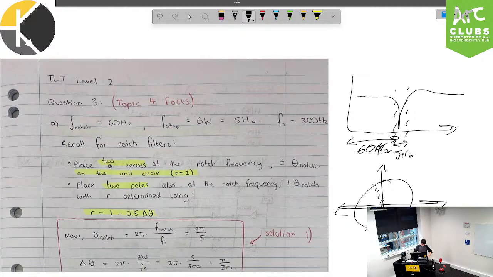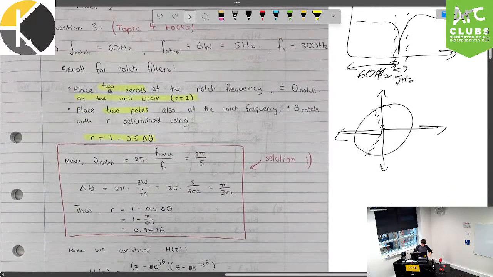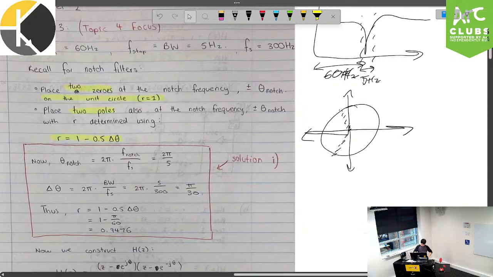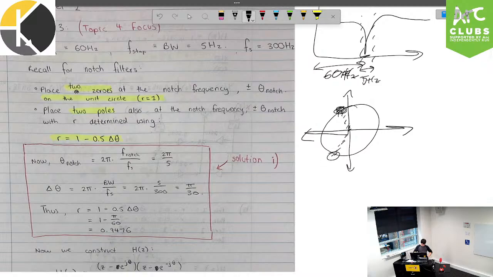So it's going to be hereabouts, where we go ahead and we have to place zeros, because we bring it down to form a minima. And then, since it is actually hitting the 0, we place that on the actual edge of the circle.